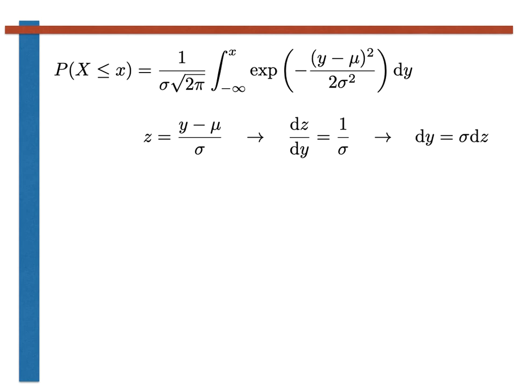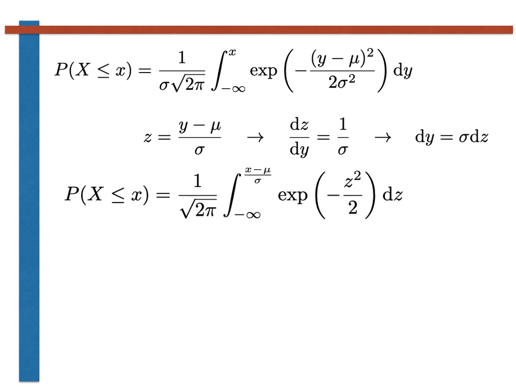The final thing we need to change are the limits. The lower limit is no problem, as z is equal to minus infinity when y is equal to minus infinity. For the upper limit, however, we must rewrite this as x minus mu over sigma. We thus arrive at the following integral.